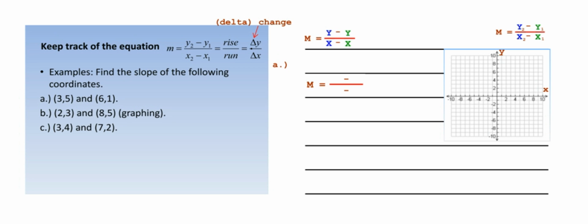That is it. You don't have to worry about which coordinate is which coordinate. Main thing is that y's go on top, x's from the same coordinate go on the bottom. Okay? But this is technically your full formula. M equals a fraction with a negative on the top, negative on the bottom, and placed in the middle of the fraction sign. So now for our coordinates, 3, 5, and 6, 1.